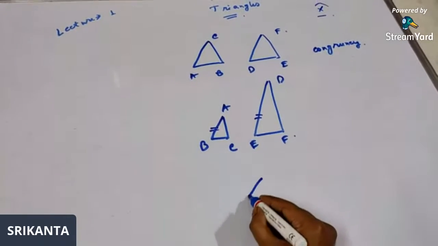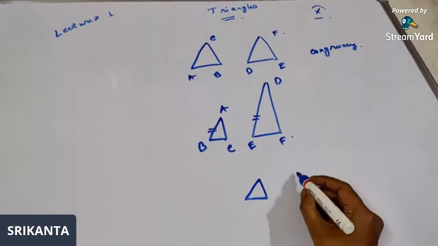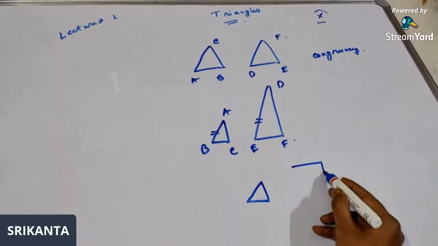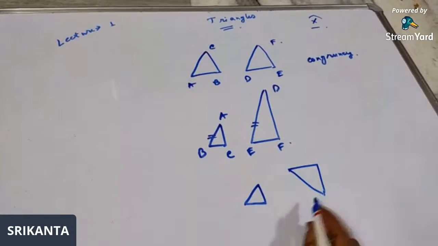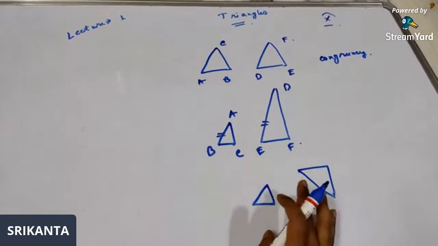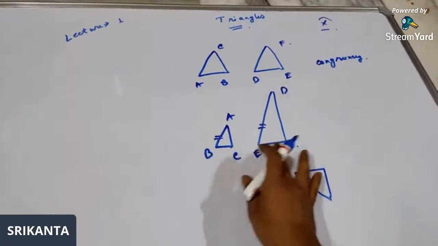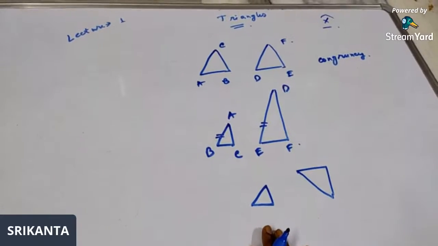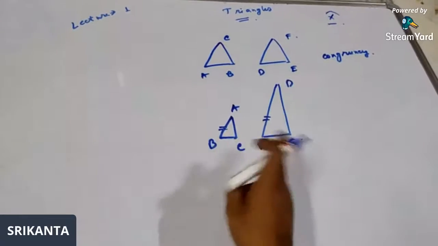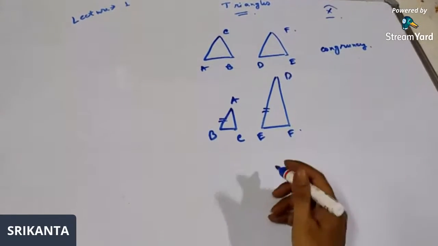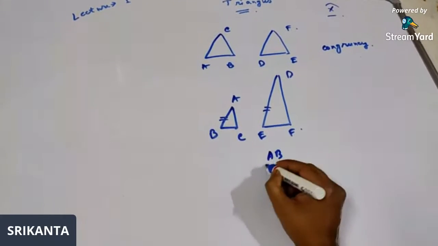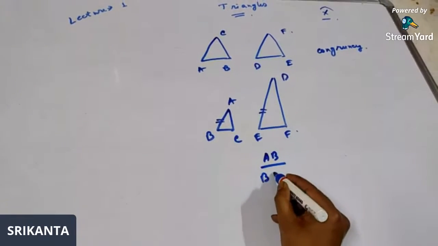So there is a triangle and we will not compare it with a triangle like this. You can compare though, but it will be easier for you to understand if you just redraw the triangles like this. So the corresponding sides ratio should be same. Suppose here we are writing the small one first. So AB by BC, suppose we are writing.